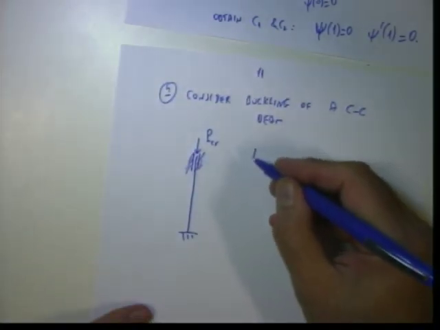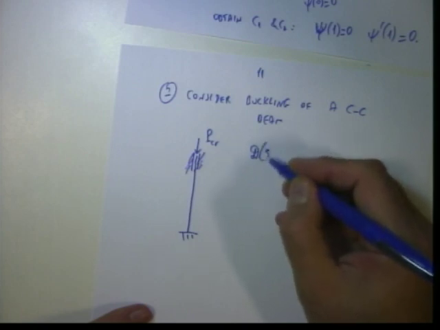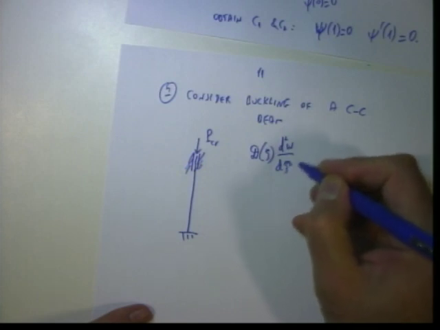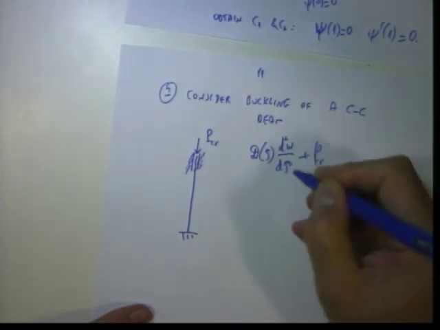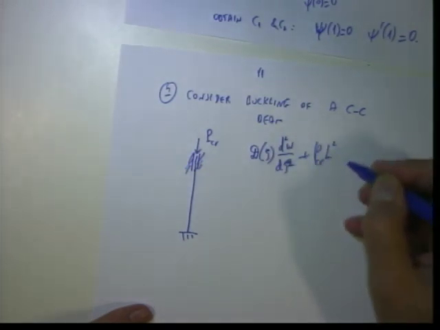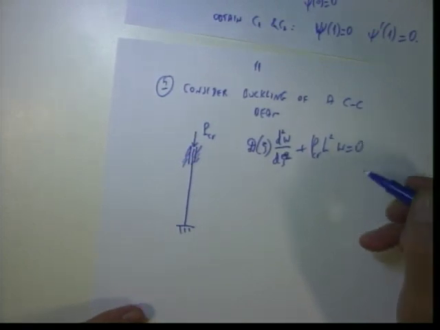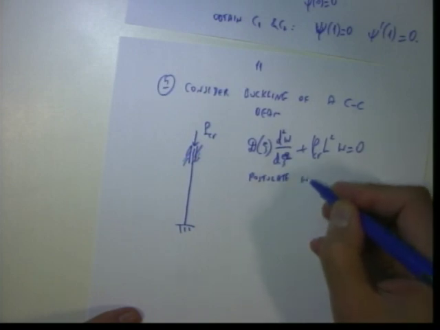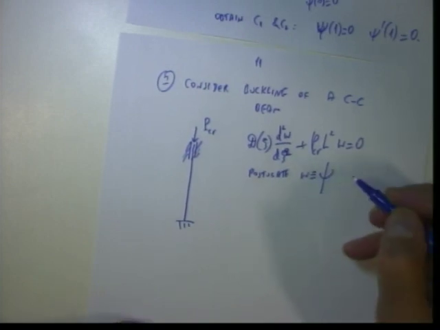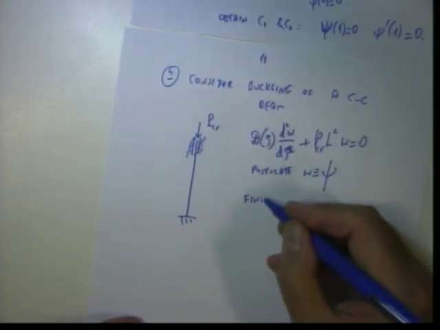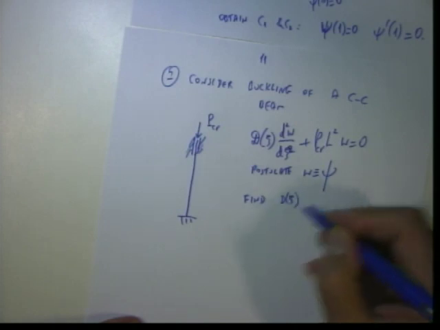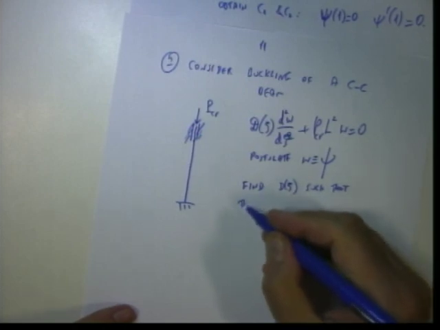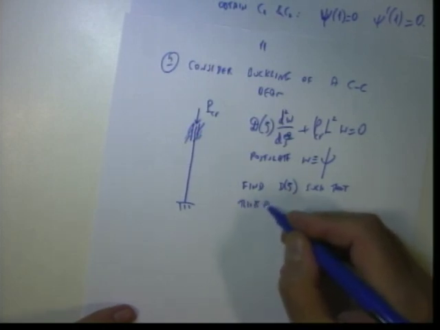Okay, so that will be d of psi, d2w d psi squared plus P critical L squared w equals 0. Postulate w equals psi. Find d of psi such that this is possible.